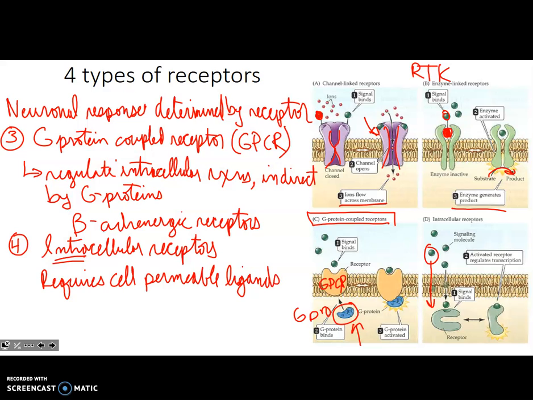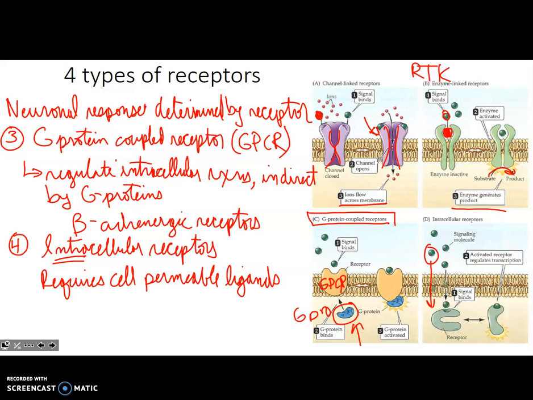So a lot of the ligands that we've talked about in the last chapter with respect to neurotransmitters, anything that's an amino acid, right, typically won't cross, or a derivation of an amino acid won't cross the cell membrane. Certainly a peptide won't cross the cell membrane. So these tend to be more specialized, not a large category of molecules.